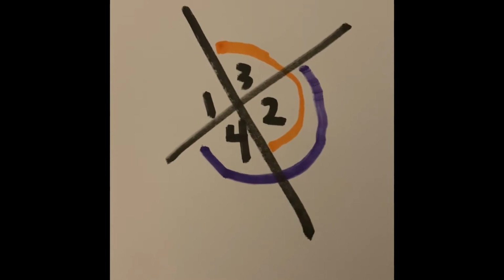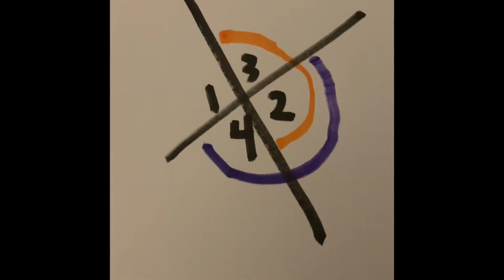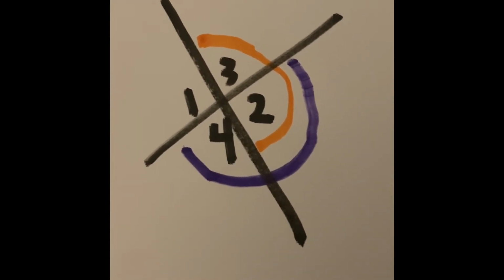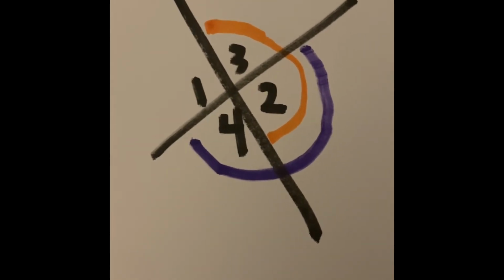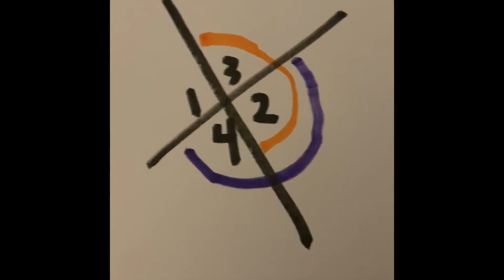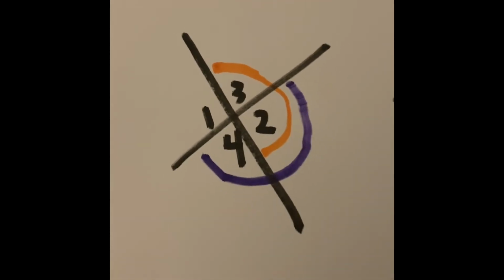What we used is we understood that there are 180-degree lines, or straight lines, but we can also understand that they could be congruent if they are on the same angle.